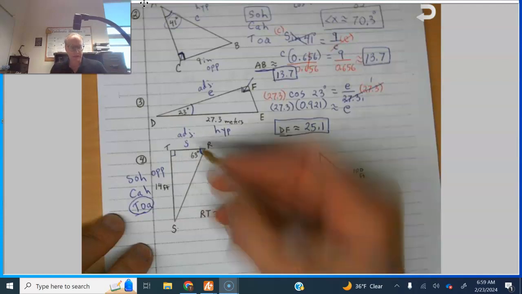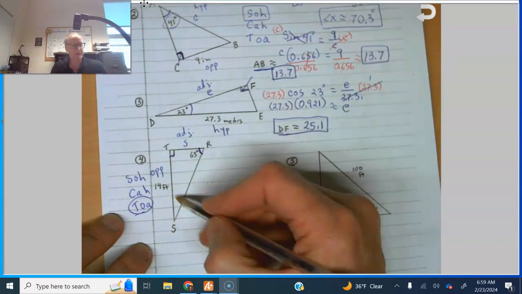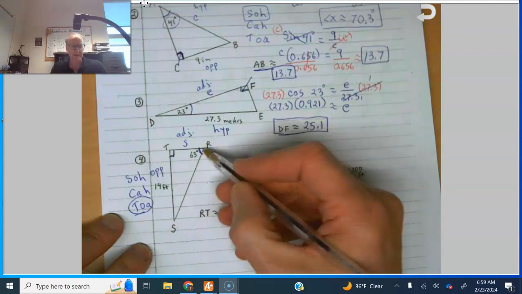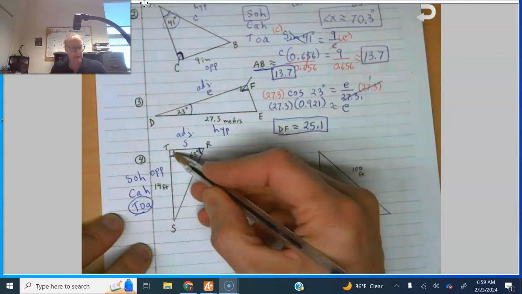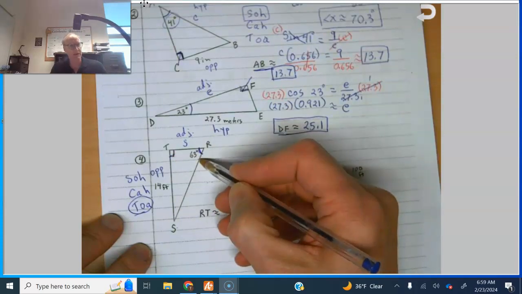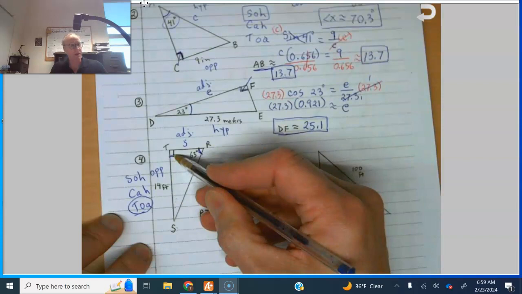Something you want to keep in mind is that if this is 90 degrees, the angles inside of a triangle add up to 180. So what I know is that these two angles have to also add up to 90. 90 plus 90 more for these two makes 180. We say that the acute angles in a right triangle are complements.